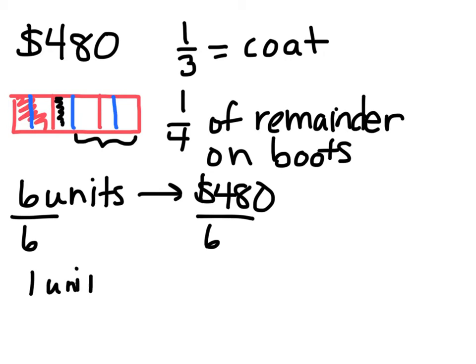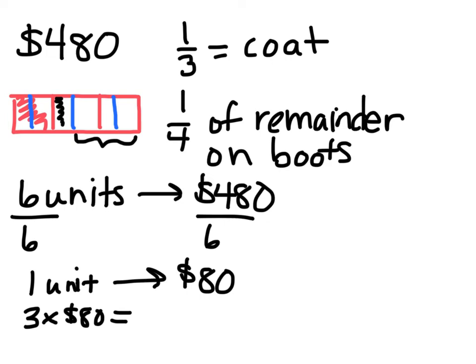So 1 unit of money is equivalent to $80. So how much money does she have left? She has 3 units times $80 left. Or 3 times 8 is 24. Add the 0 back on. She has $240 remaining.